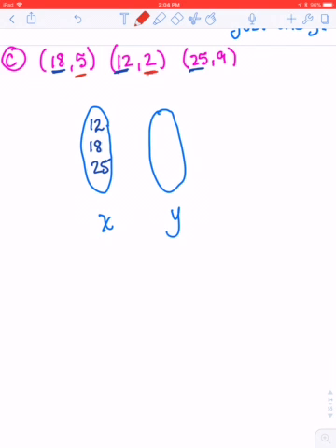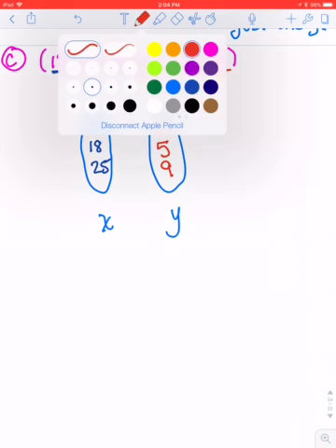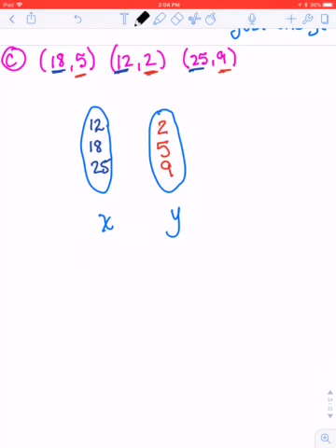Then if I match with these, so 5, 2, and 9 would be 2, 5, and 9. Then I'm going to start pairing them up. 18 and 5, 12 and 2, and 25 and 9. So they all match up with only one Y value. So yes, it is a function.